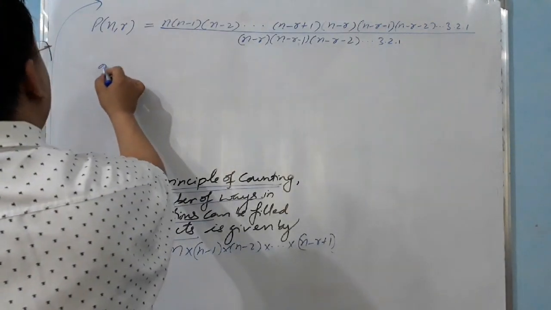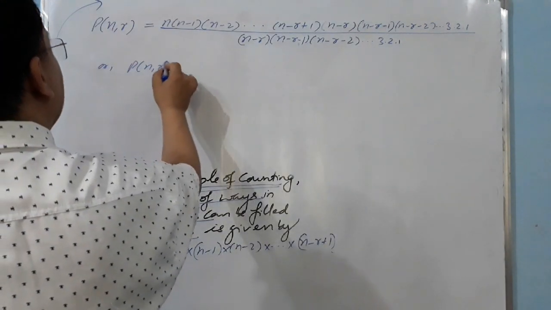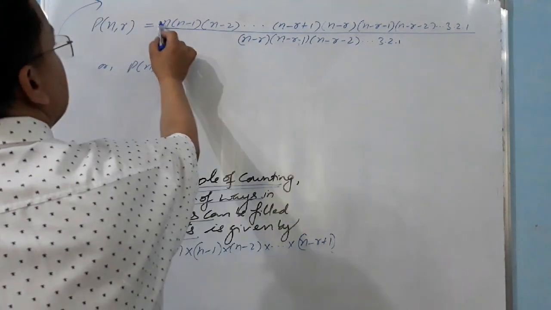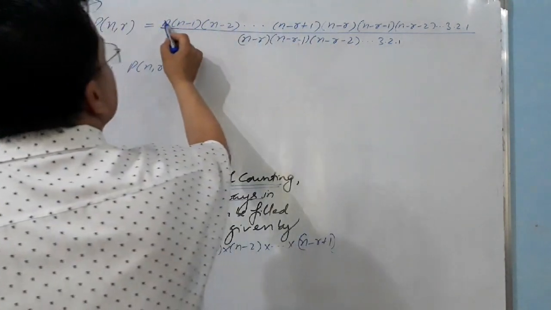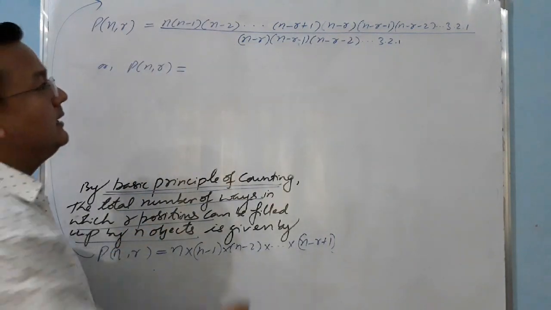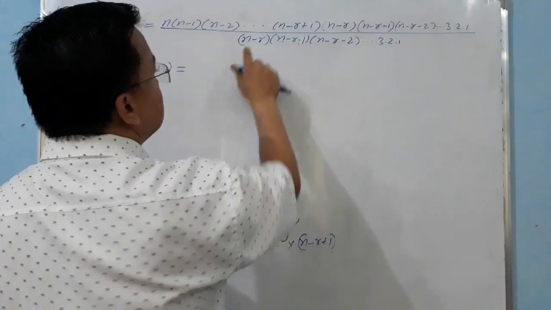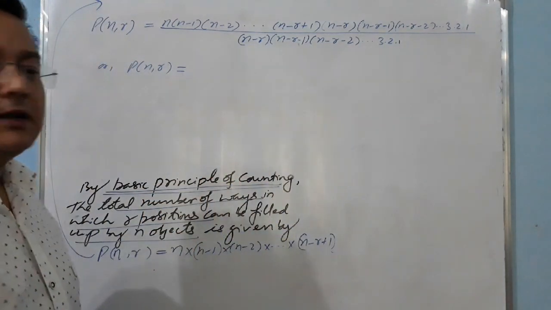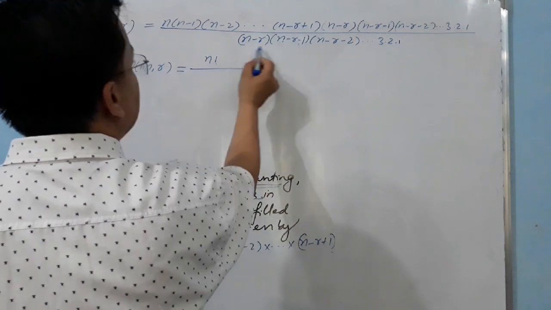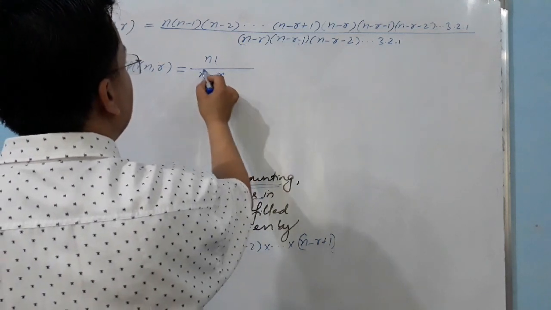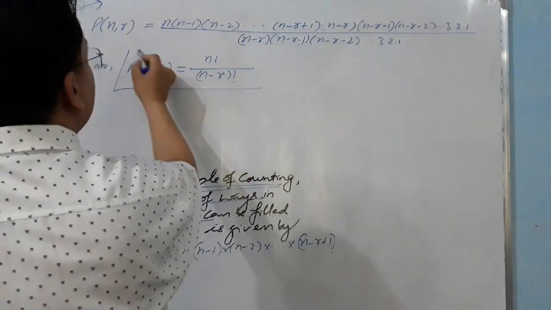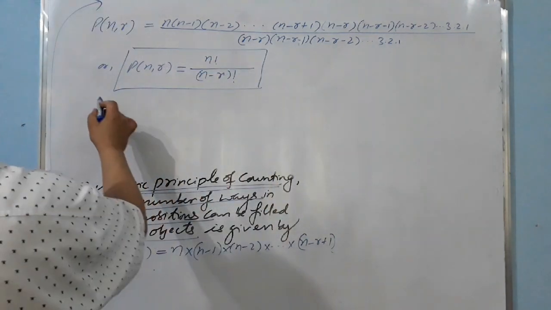Now P(n, r) is equal to this. If you see very carefully, you will find the continued product of the first n natural numbers, and here the continued product of the first n minus r natural numbers. So we can write n factorial upon n minus r factorial.